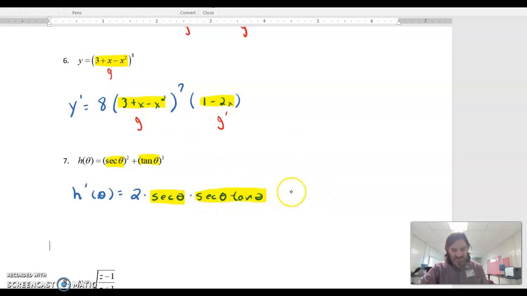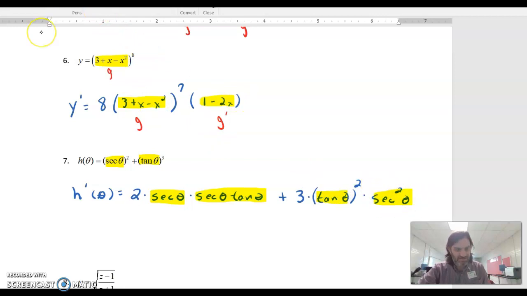And then we have to go ahead and complete this, the tangent cubed. The 3 will come out front, and it'll come down to tangent of theta squared, and then the derivative of tangent is secant squared. So you still see the exact same thing with the rules there.